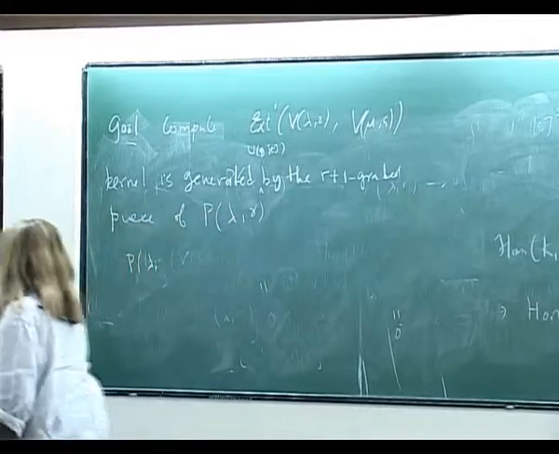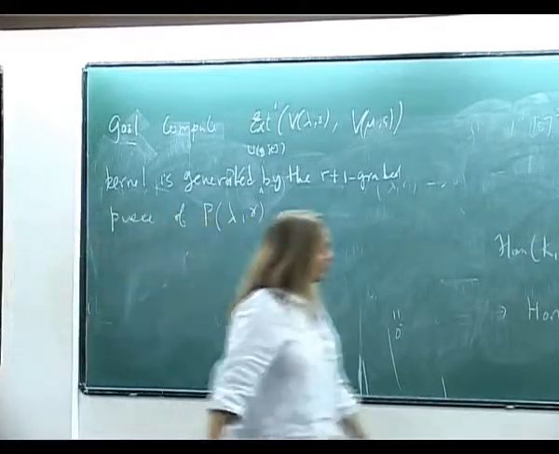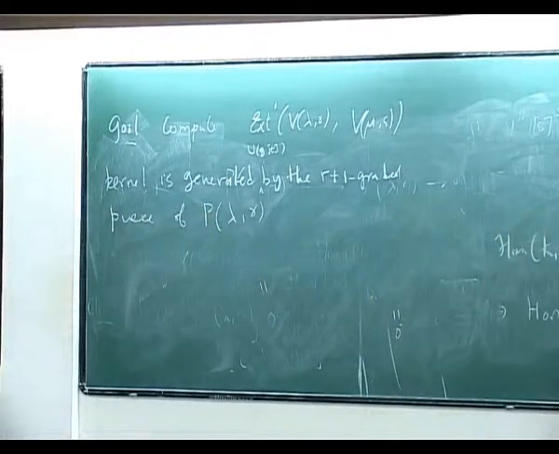Okay, so let's make some deductions from this. What does that tell me over here? So this kernel is generated by its R plus 1th graded piece. So what does it tell me about this Hom space? What can I conclude about S?